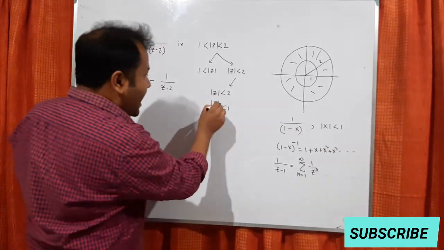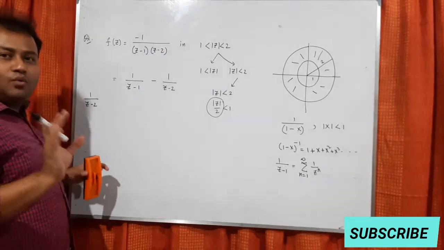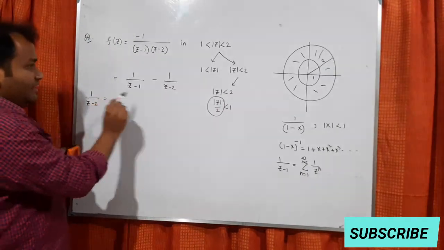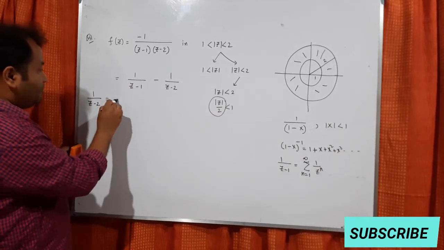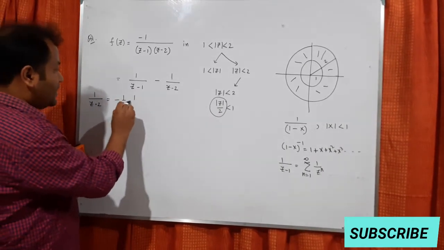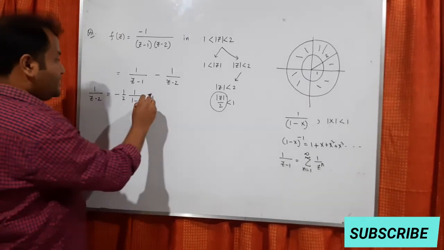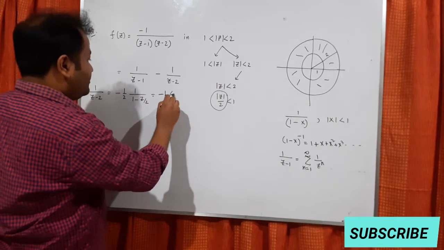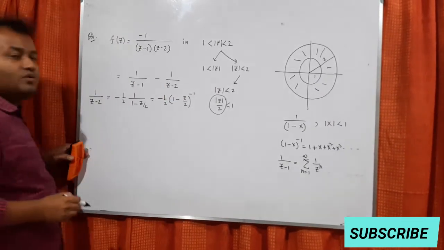I want something whose modulus is less than 1, so I want z by 2. For that I have to take minus half common. So I get minus half times 1 minus z by 2 to the power minus 1.